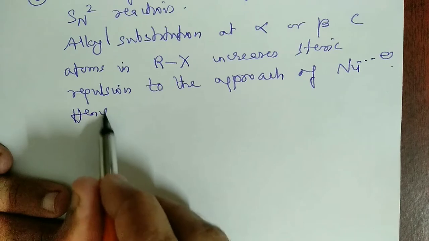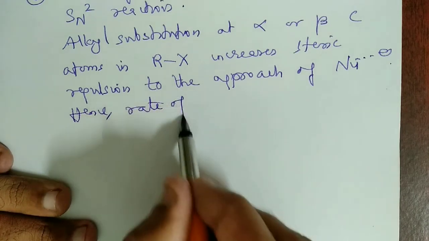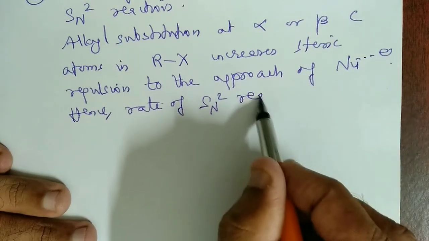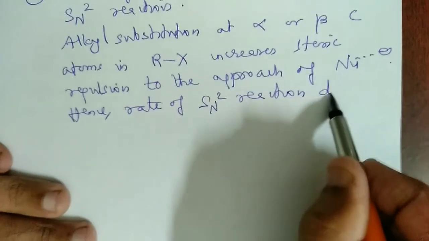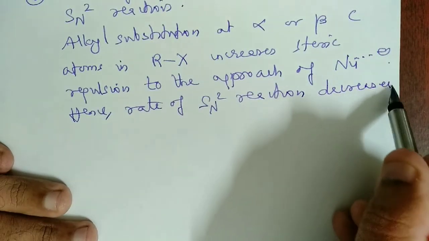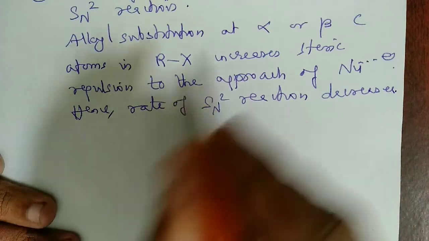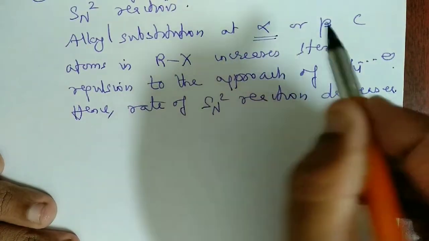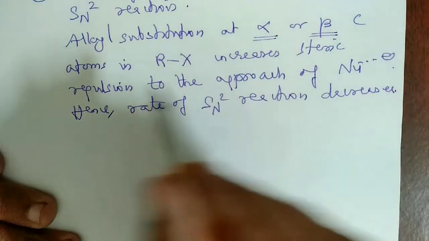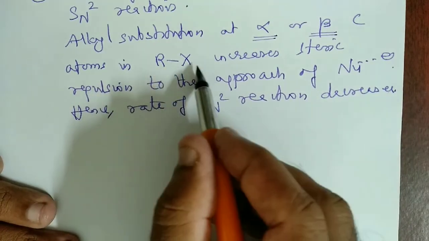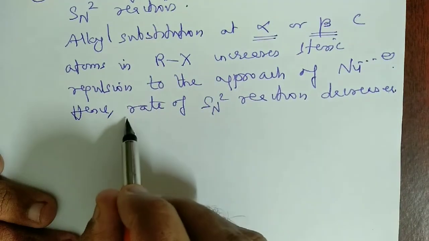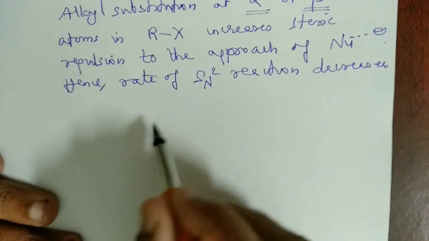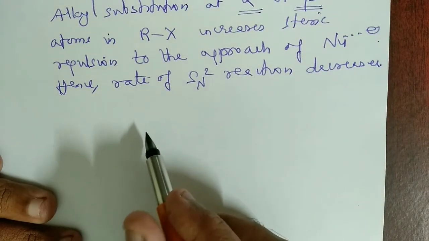Hence, rate of SN2 reaction decreases. That is, alkyl substitution at alpha or beta carbon atom in the structure of alkyl halide decreases rate of SN2 reactions.